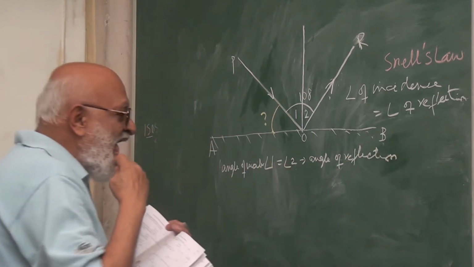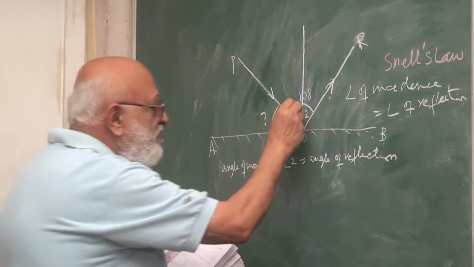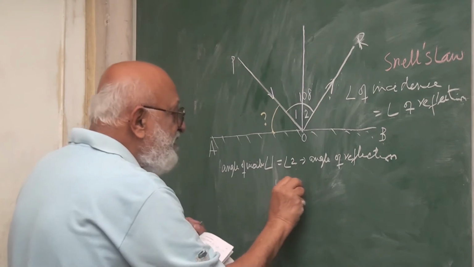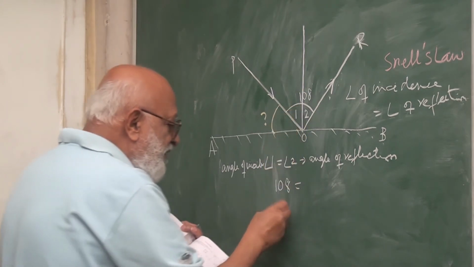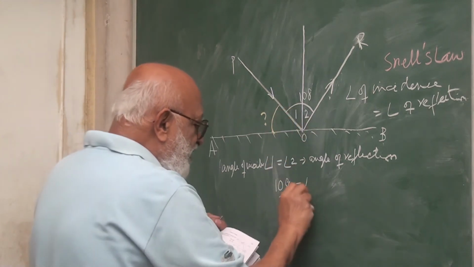Right? And they are equal. So I have 108 that can be divided by 2, that is equal to angle 1.